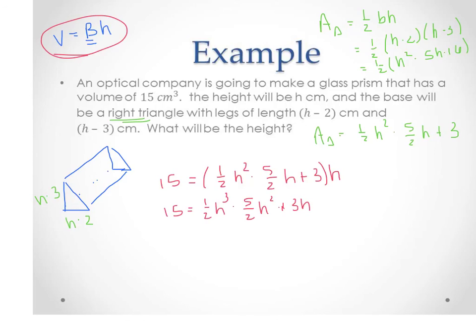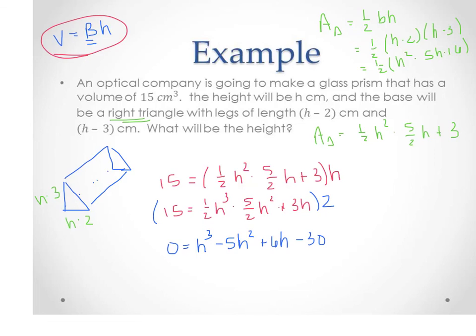We're going to do two steps in one here. We're going to multiply everything by 2, and we're going to bring over the 30 now. Alright, so h cubed minus 5h squared plus 6h minus 30, because I moved that 30 over. Okay, so we need to solve this.